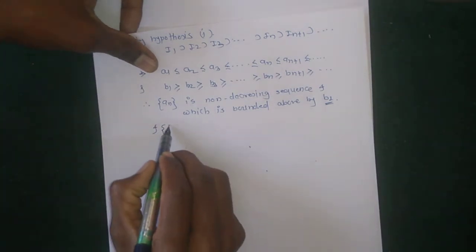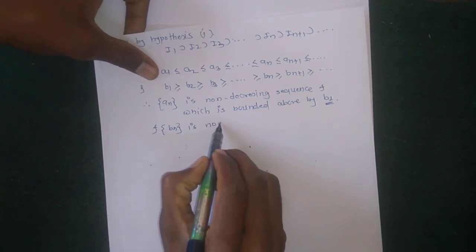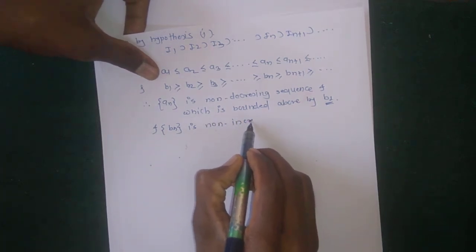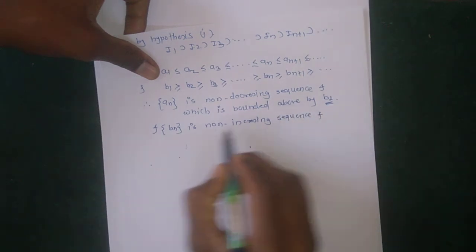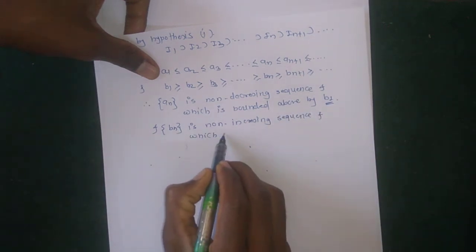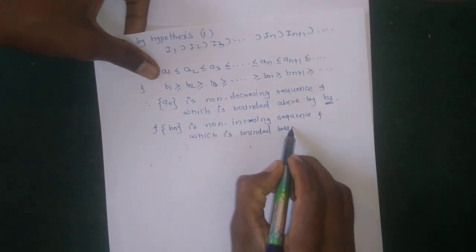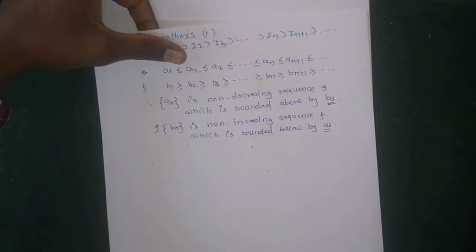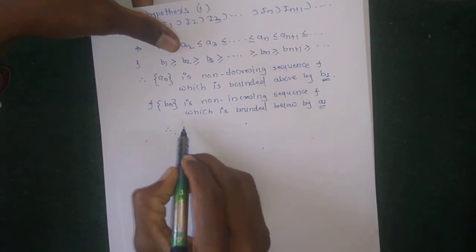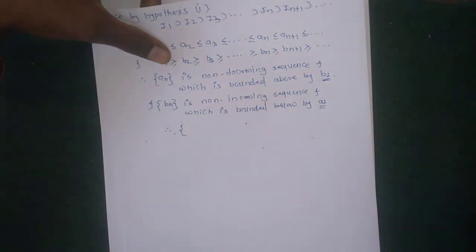And the second sequence Bn is a non-increasing, that is decreasing, sequence, and it is bounded below by A1.